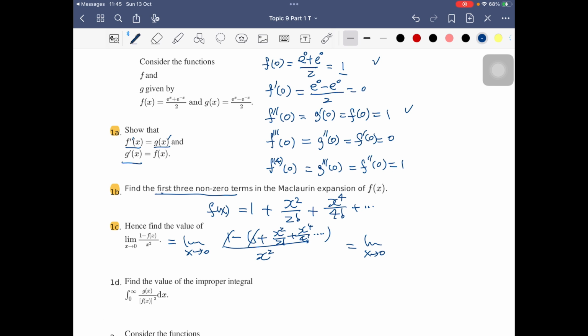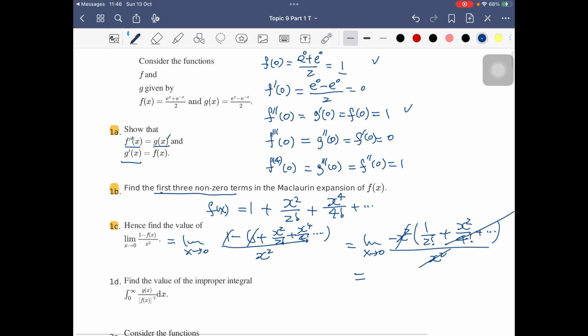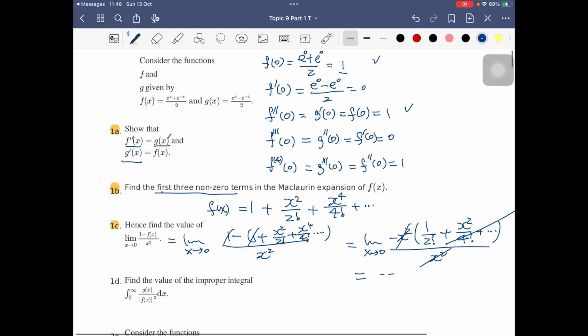Now we have this negative term and so on. So I will factor out x squared, leaving negative 1 over 2 factorial and x squared over 4 factorial. When x goes to 0, all those terms go to 0. So the answer is negative 1 over 2.